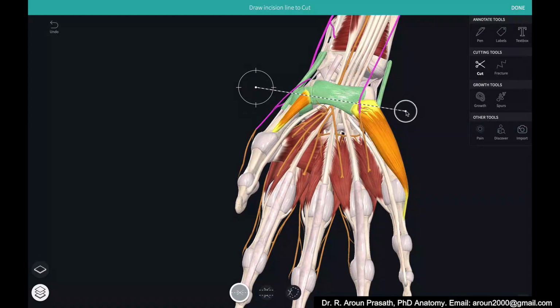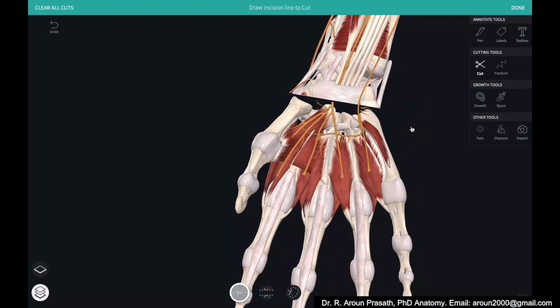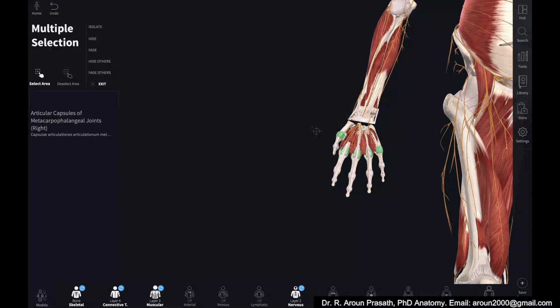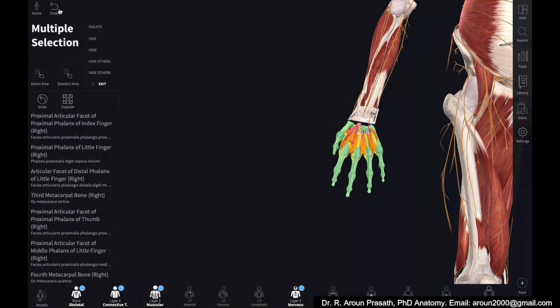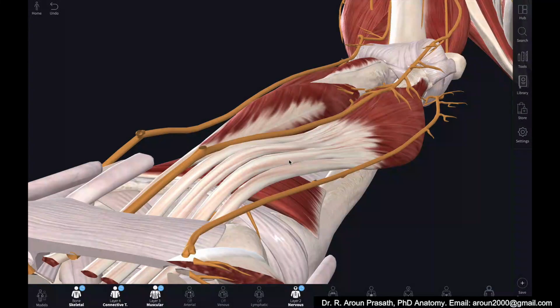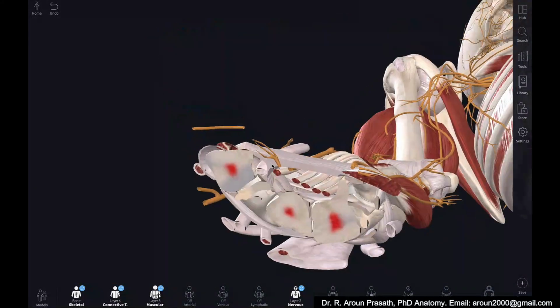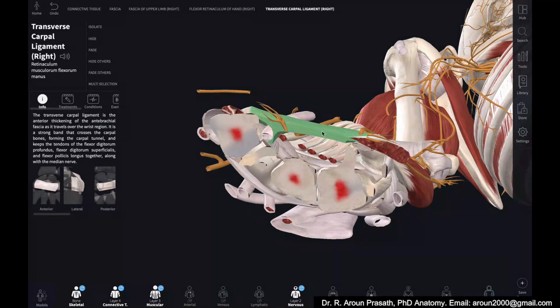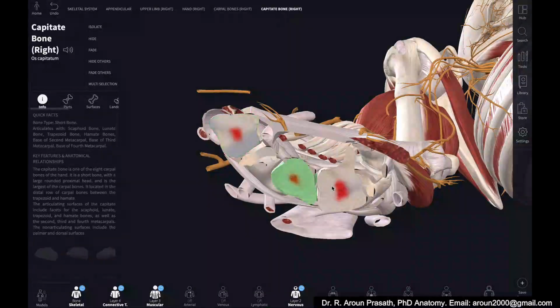So let me cut this area. Okay, what you see here is, these are the carpal bones, this is the transverse carpal ligament, these are the carpal bones.